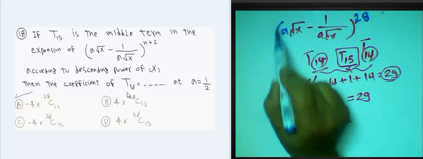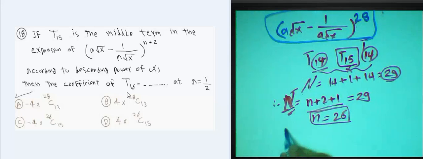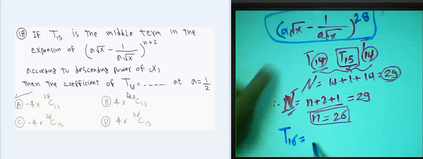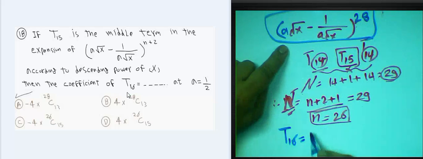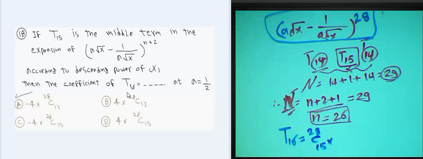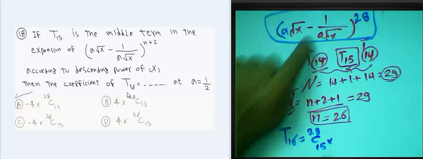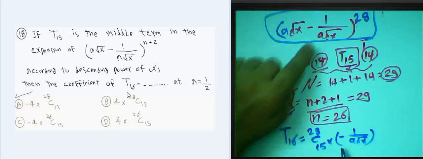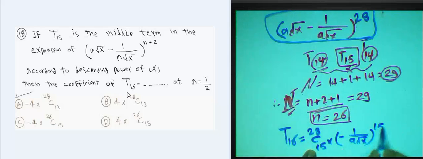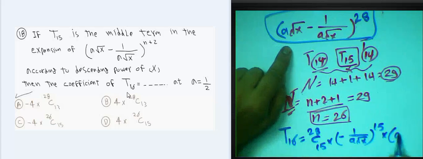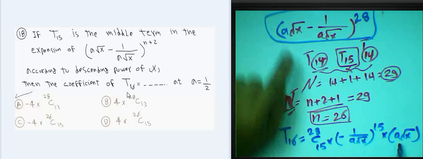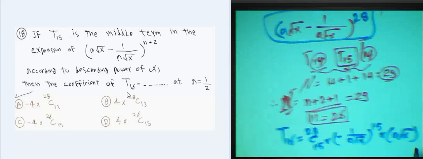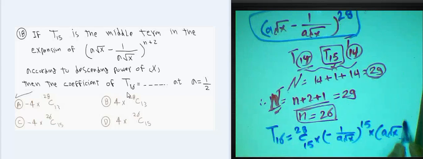Then in the expansion here, we want to find term 16, which means 28 combination 15, multiplied by the second term, -1 over a root x, to the power 15. The first term, a root x, to the power what? The difference between 28 and 15 is 13.